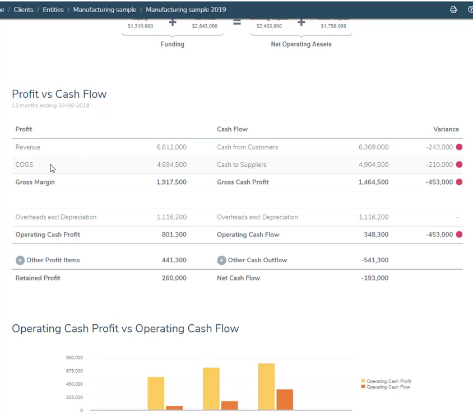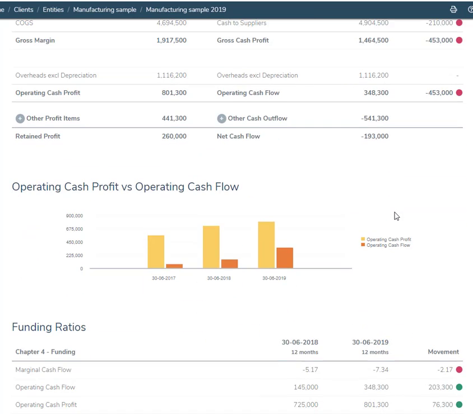So cost of goods sold, cash to suppliers, we're in the negative again. So we're actually paying people reasonably quickly, which you would expect, so that we can keep our business operating. However, the cash that's coming in is coming in quite slow. And it's basically meaning that we're going to have to fund all of this extra money, $453,000, which is a lot.